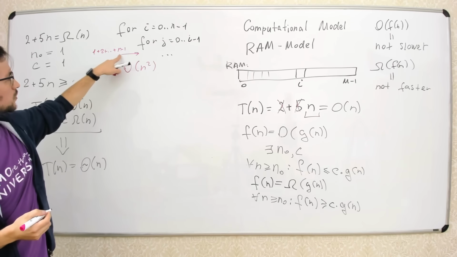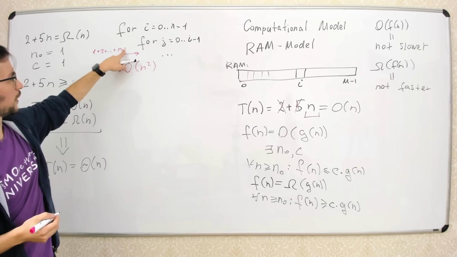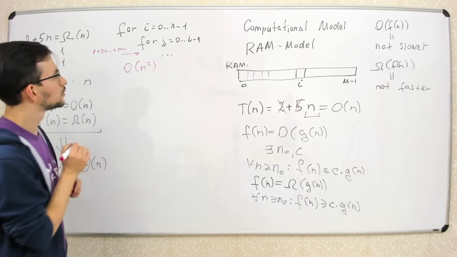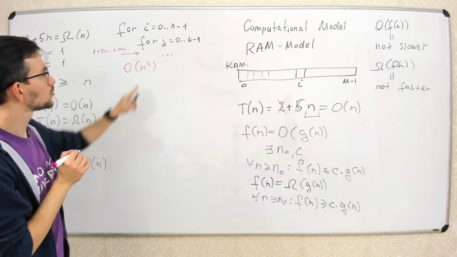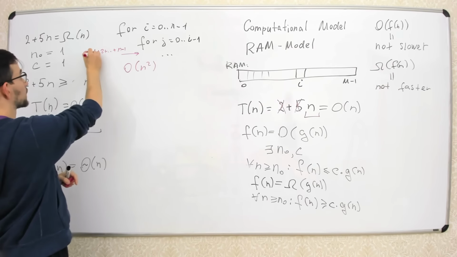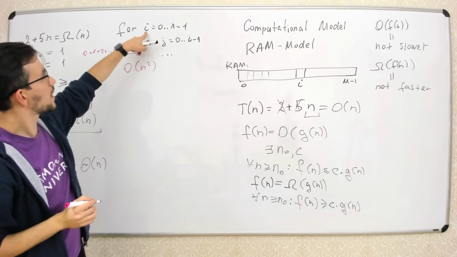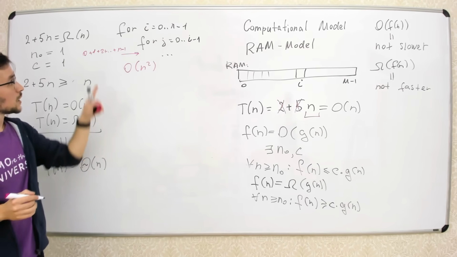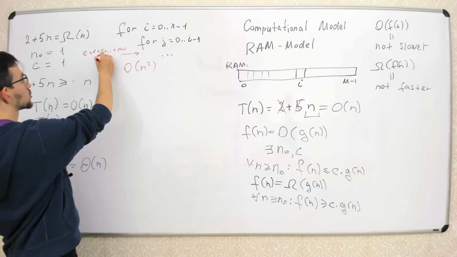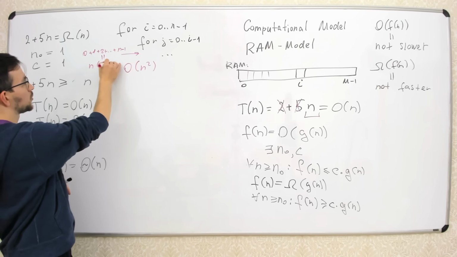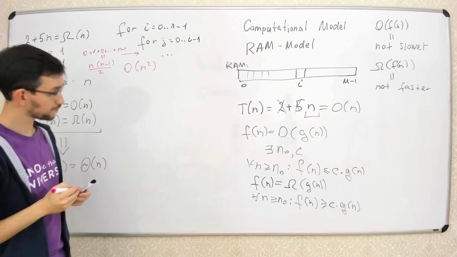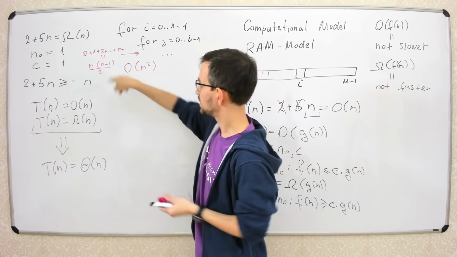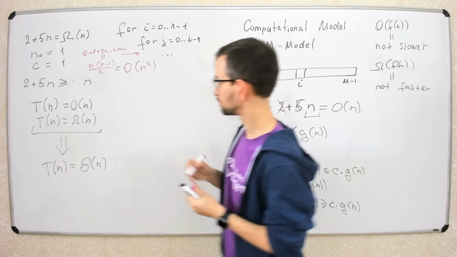Because it is from 0, when i is equal to 0, you have 0 iterations here. So this sum is actually n multiplied by n minus 1 divided by 2. So this is again big O of n squared.